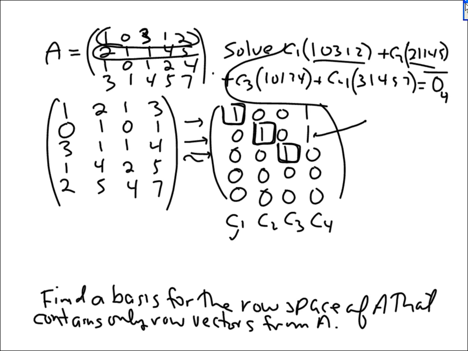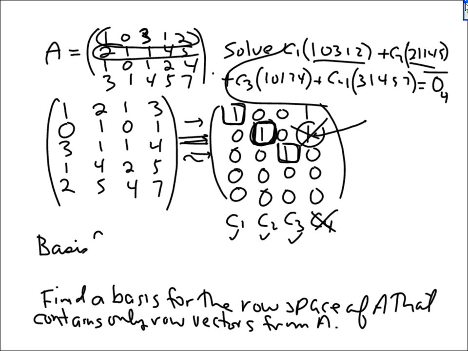In row 2, the first non-zero entry is obviously that one. That's not a leading 1. So column 4 did not have a leading 1. Columns 1, 2, and 3 did. Oh, so now we have the answer.